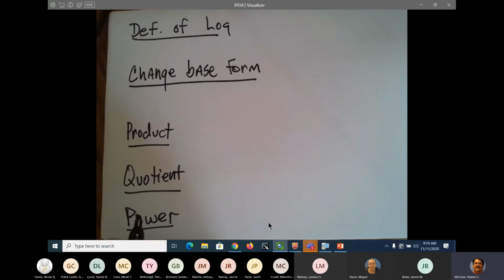Those are the properties that we will be using when we're solving for x and your exponential laws. Your exponential laws are also included in there.